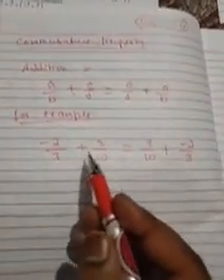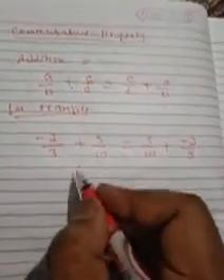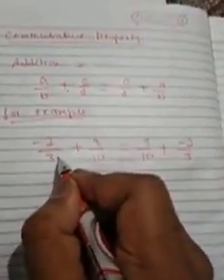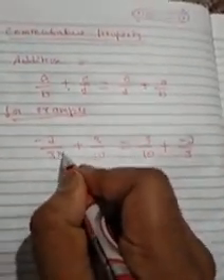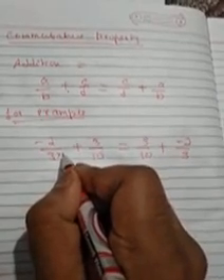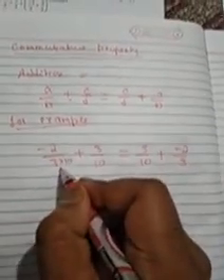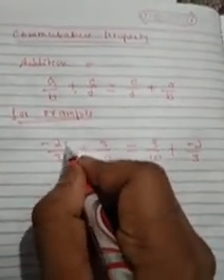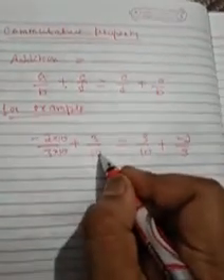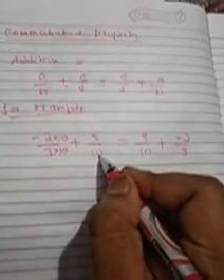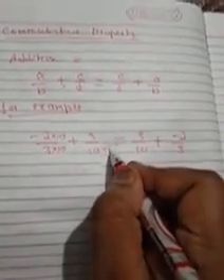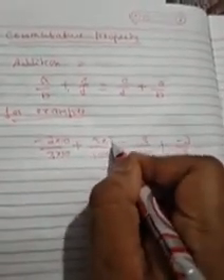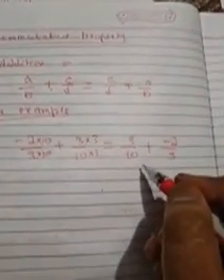The LCM of 3 and 10 is 30. So to make it 30, we will multiply the denominator and numerator both by 10. And for the other, we will multiply by 3 on both the denominator and numerator.